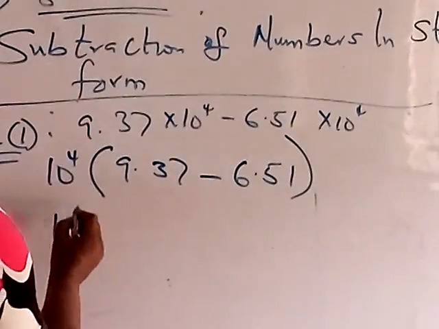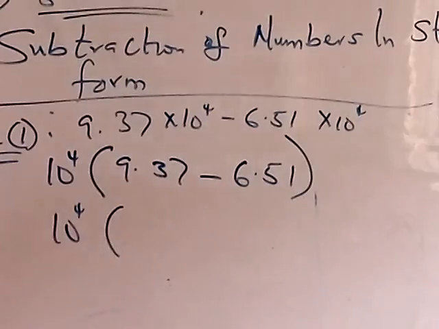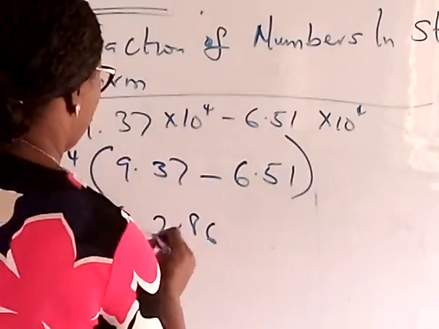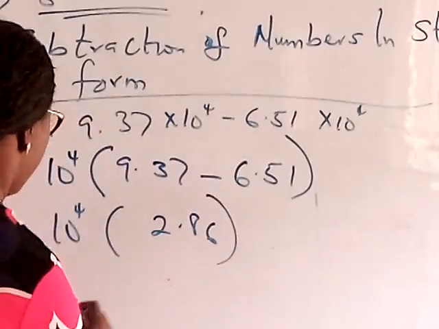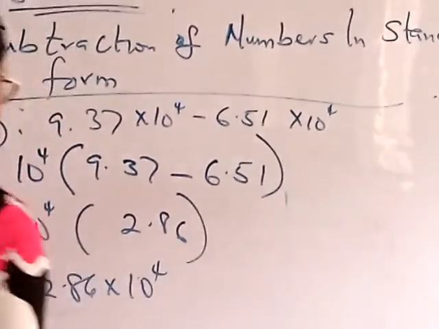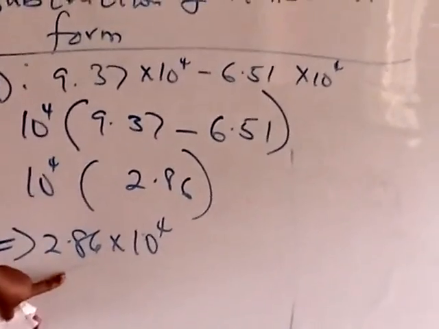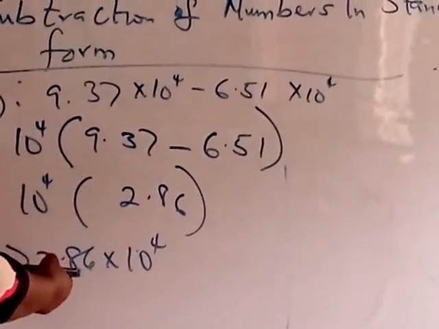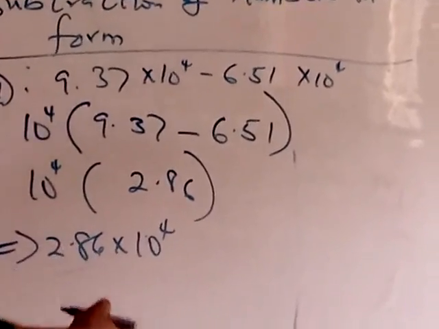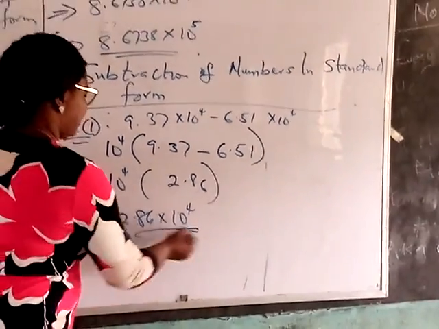And so this gives us, if we subtract, 2.86. And so we have 2.86 times 10 raised to power 4. This is going to be our final answer on this, since this has already conformed to the rule of standard form. 2.86 is in between 1 and 10. And so this is our final answer on this.